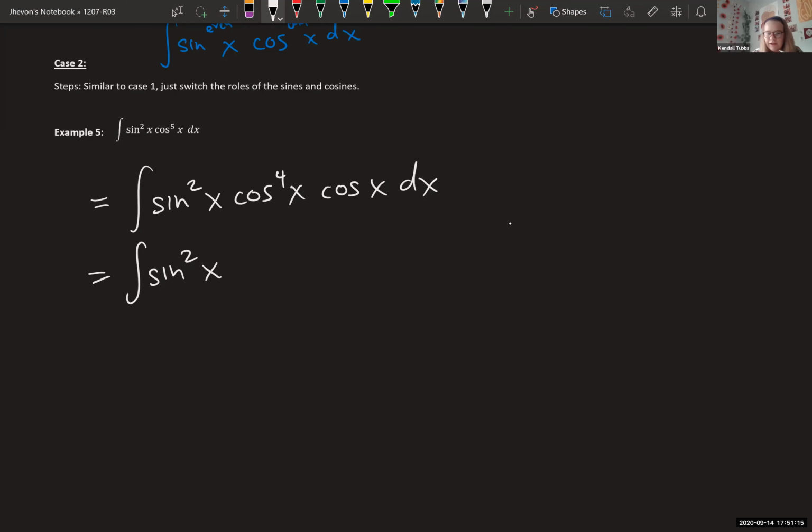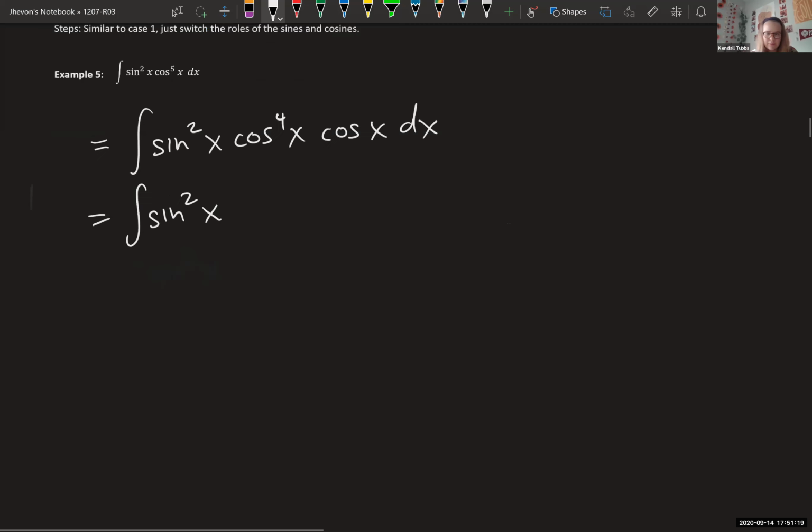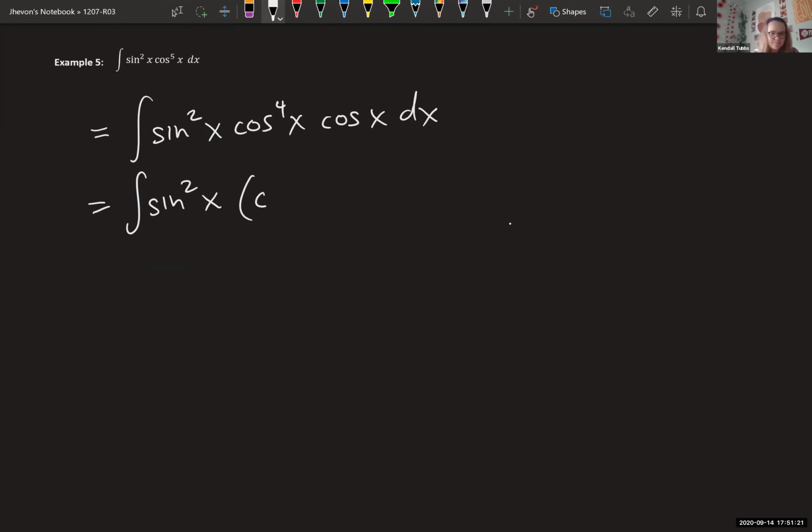Would you need to rewrite it as cosine squared x times cosine squared x? Or is there some other easier way to do that? I would do that, but I'd probably write it as that instead, which is cosine squared times cosine squared, yeah. Then rewrite the cosine squared as 1 minus sine squared.